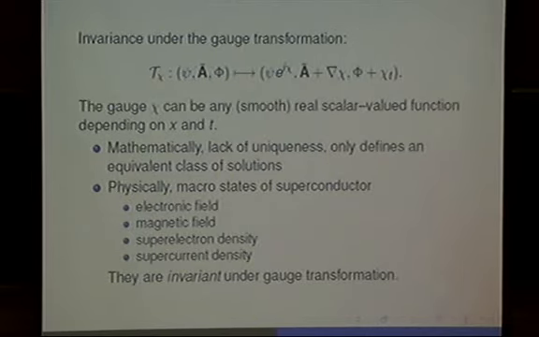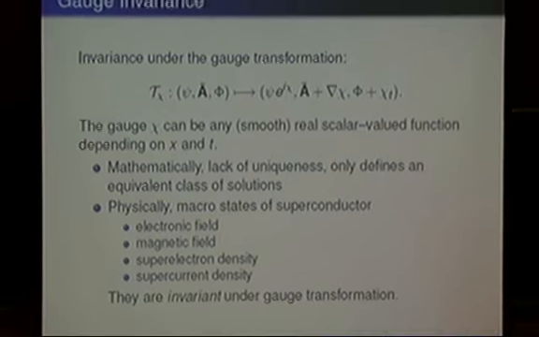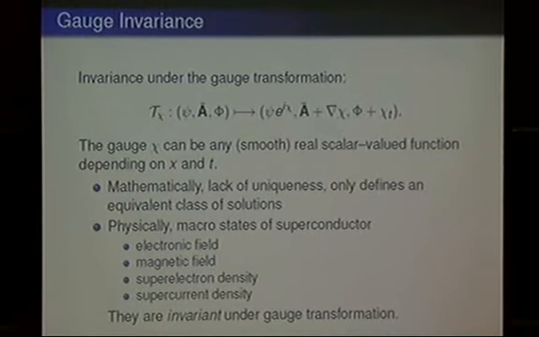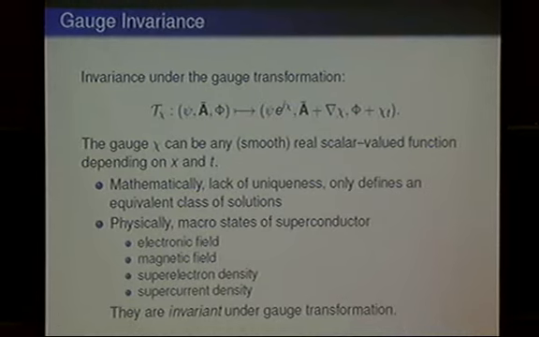A very important property of the Ginzburg-Landau equation is gauge invariance. We can check that for any real scalar-valued function chi, which can depend on x and t, our system is invariant under this gauge transformation.